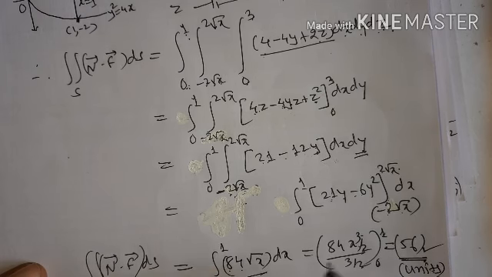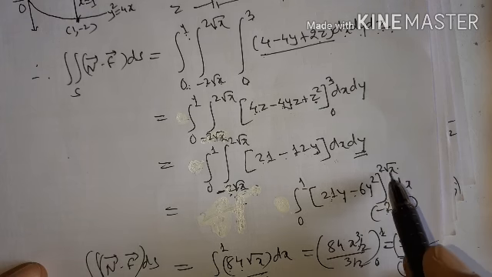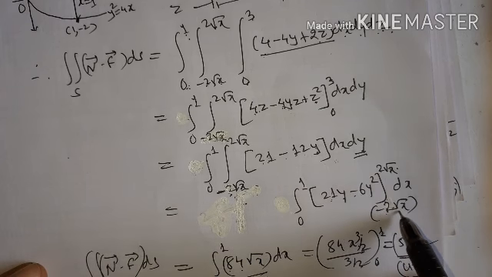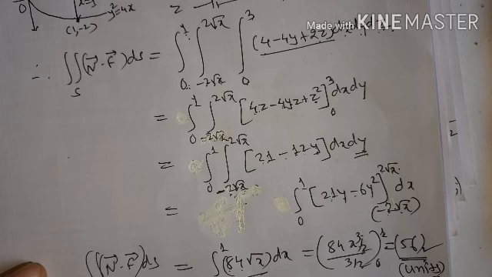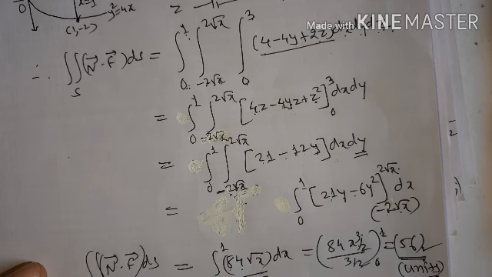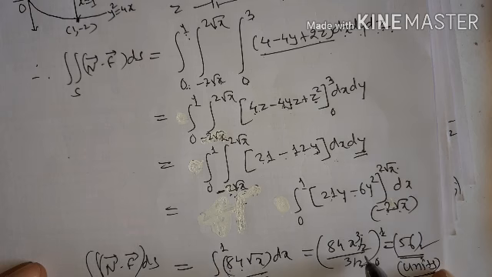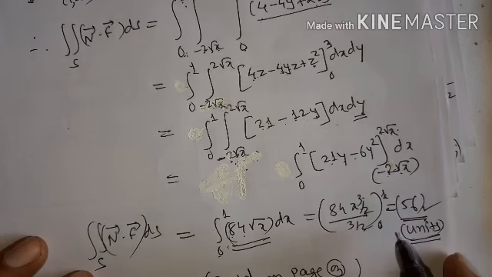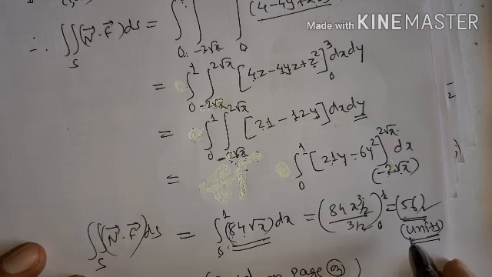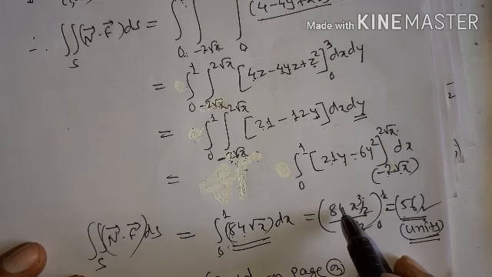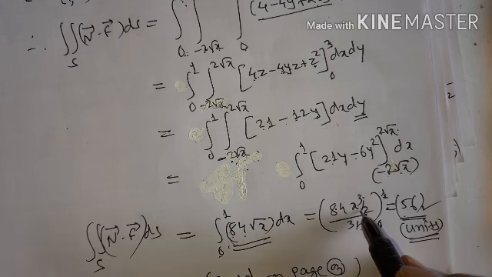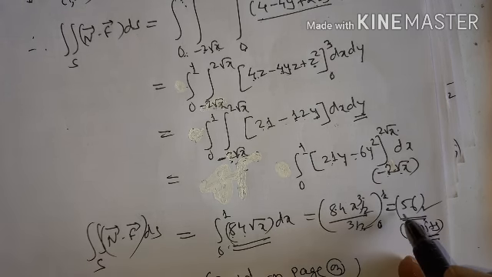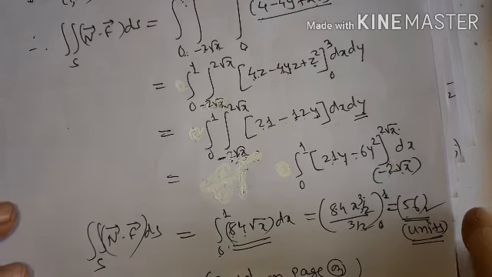So it is 84 root x dx. If you simplify it carefully, because the upper limit and lower limit are similar, it will be added 2 times. Now if I integrate this 84 root x with respect to x, and put the limit 0 to 1, I will get the answer as 56 units, because this will be 2 into 84 divided by 3 into 1, and its simplification is 56.